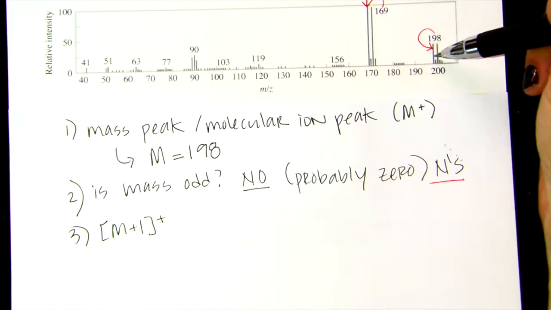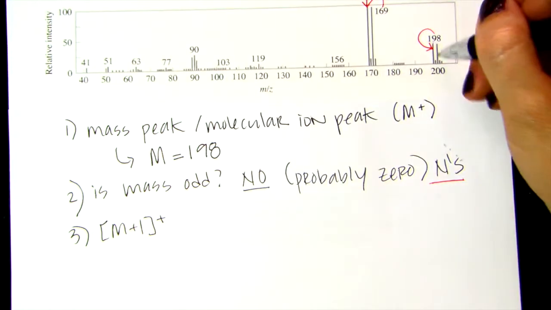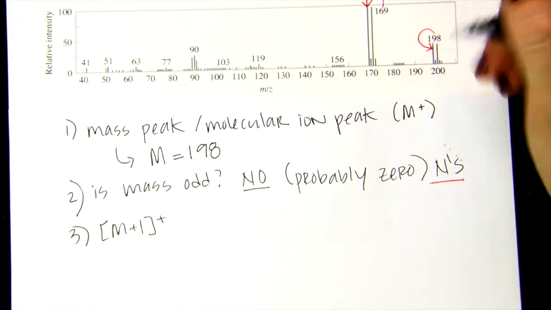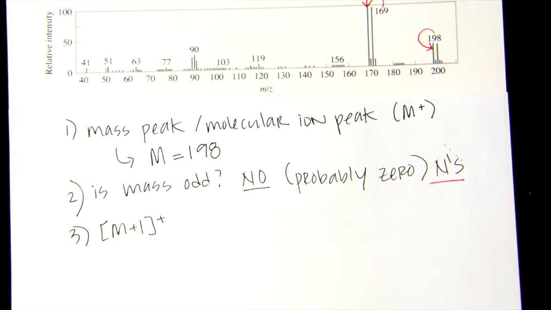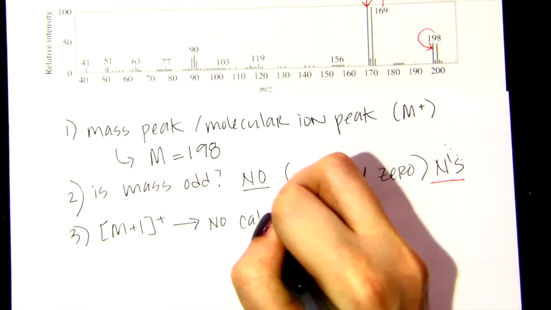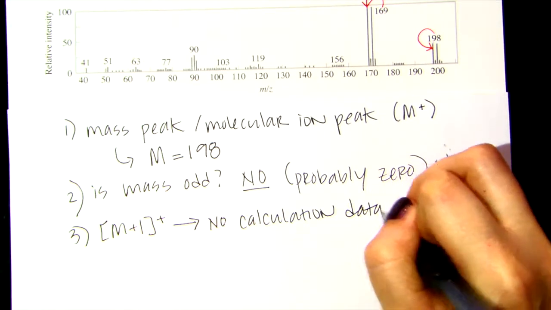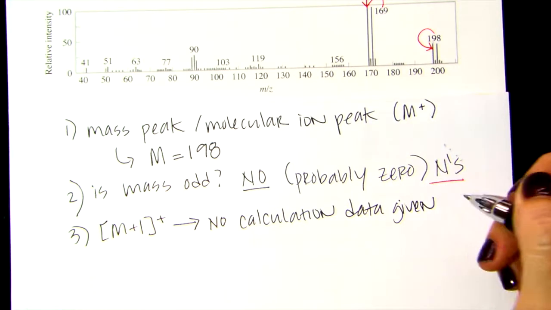You would have to know the exact relative intensity of the mass peak and the M plus 1 peak. You would have to have the exact number. You can't just estimate. You won't be able to calculate it that exactly. So here, there's no calculation data given. So we're not going to calculate the number of carbons.